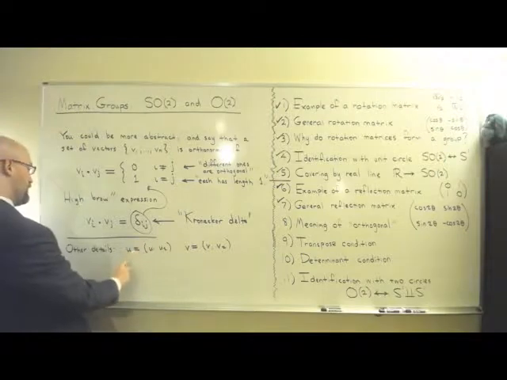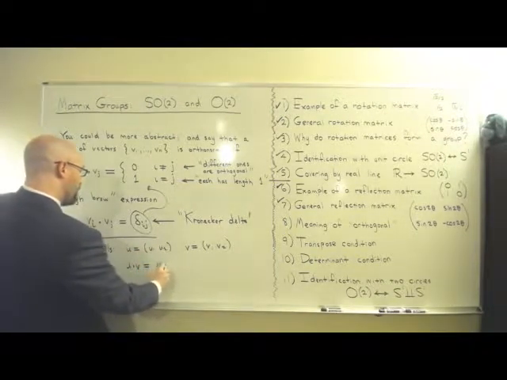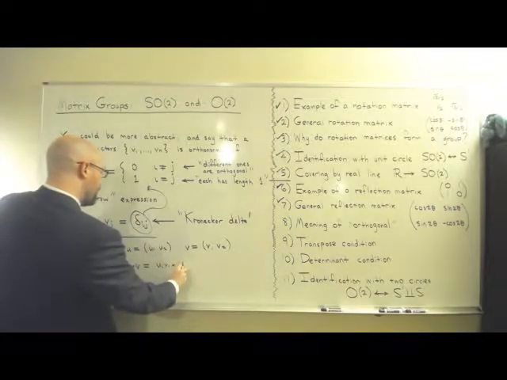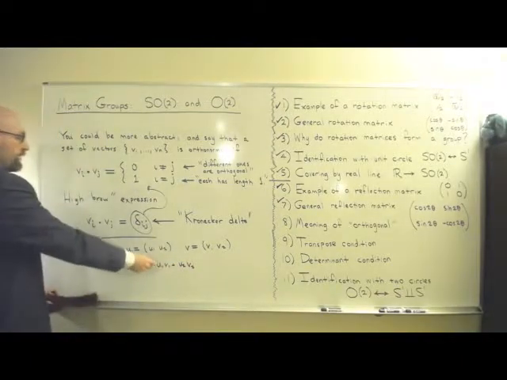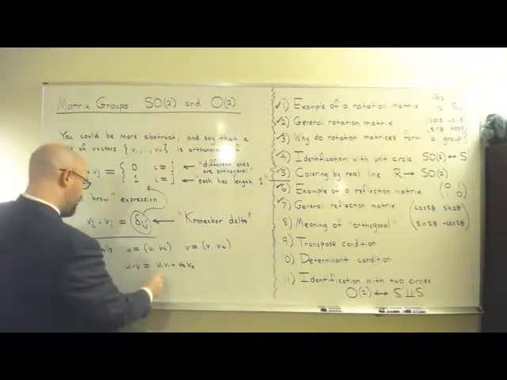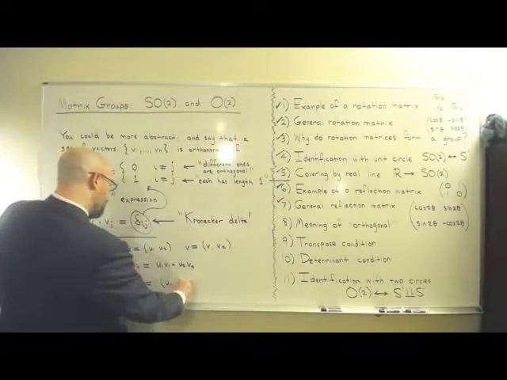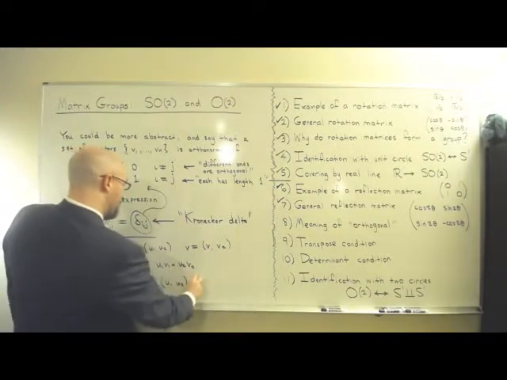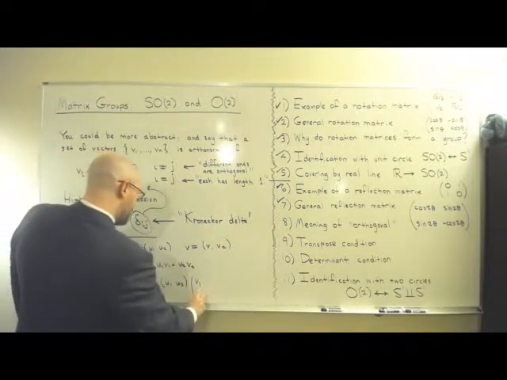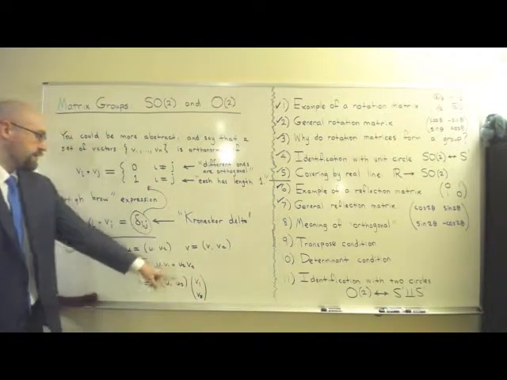You can write u dot v. Of course, I showed you what this was: it's u1 v1 plus u2 v2. If you wanted to, you could take the row u1 u2 like this, and then matrix multiply it by converting the row vector v into a column vector. Then it's a matrix thing.